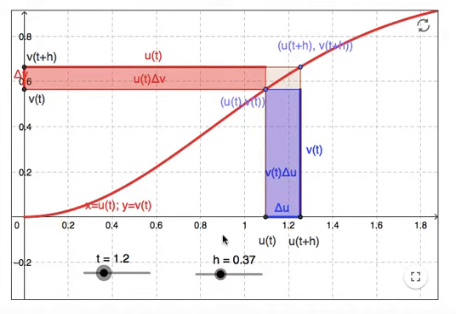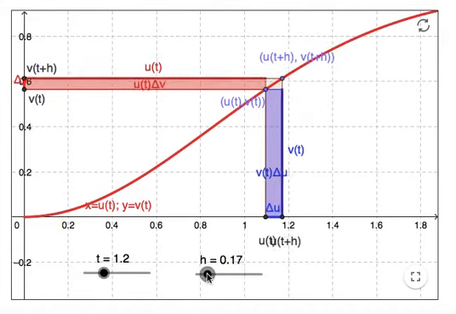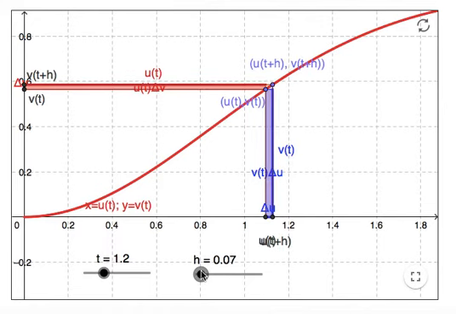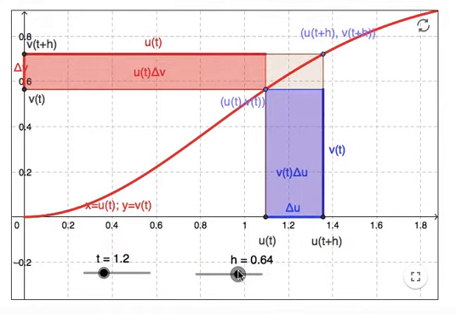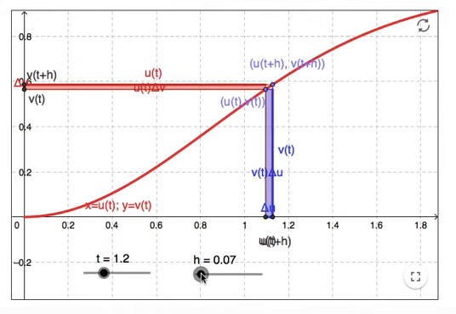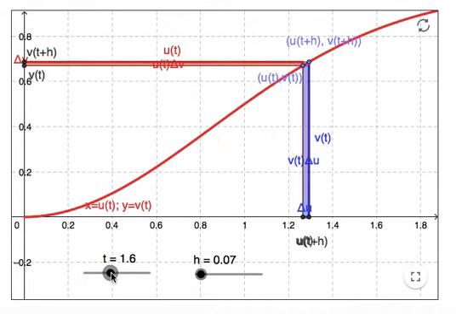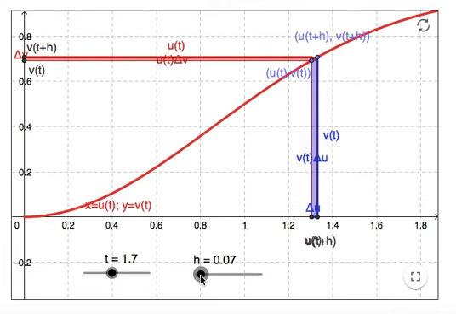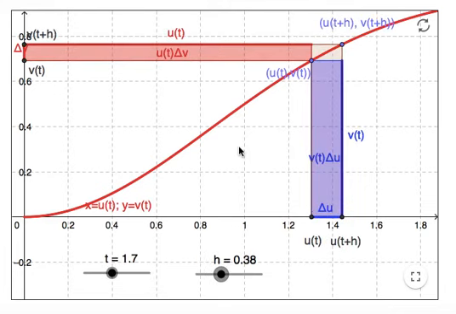There's this little bit extra in here, but as we let h go to 0, notice that the area in the top right-hand corner becomes insignificantly small, because remember that we're doing very small changes in dV and dU. So the change is represented by U times dV and V times dU.